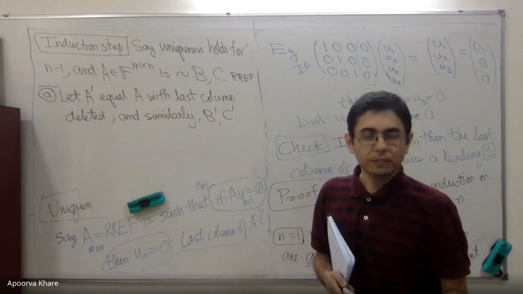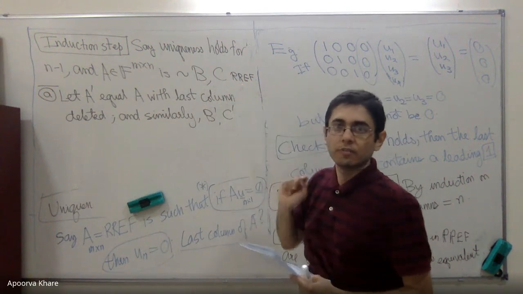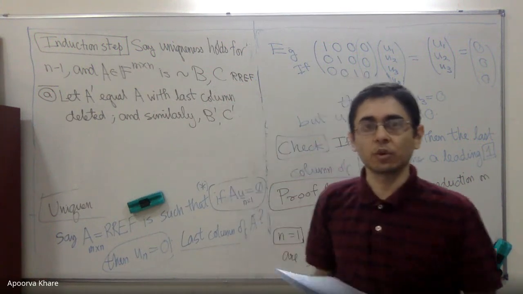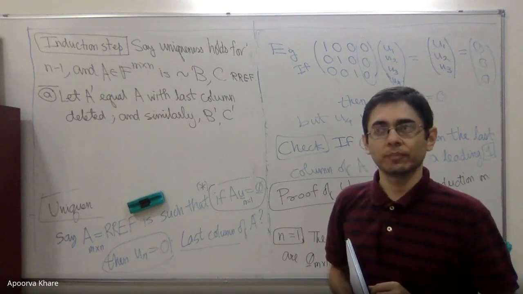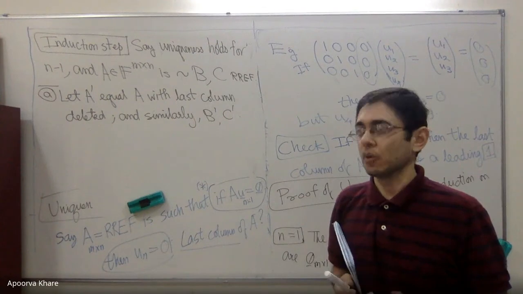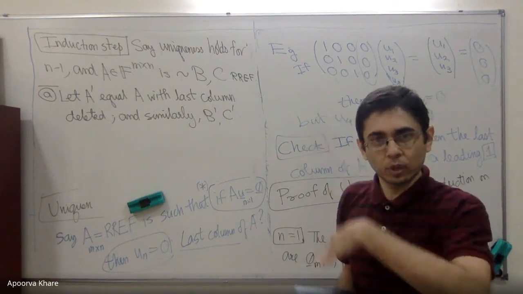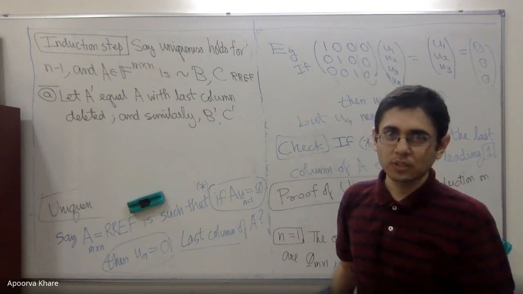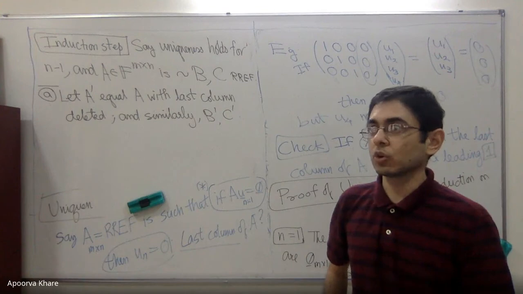First claim: remember, B and C are matrices in row reduced echelon form. Take any matrix in row reduced echelon form, chop off the last column. That is still in row reduced echelon form. Why? Verify. Are the zero rows below the non-zero rows? That still holds. Is the leftmost entry in every non-zero row a 1?